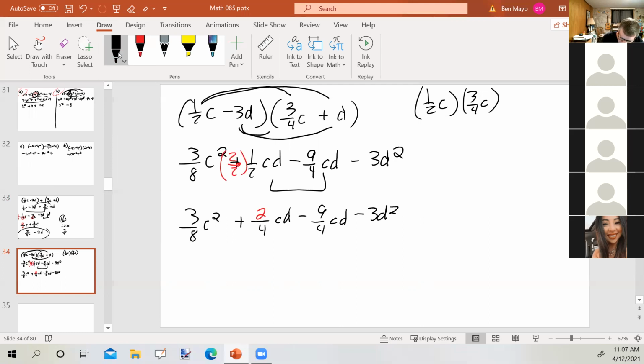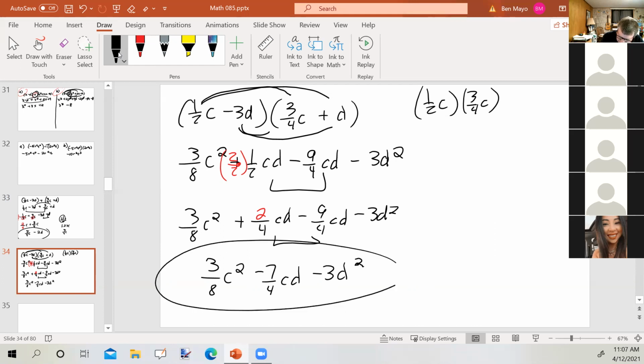Okay. Combining like terms, 3/8 c squared minus 7/4 cd minus 3d squared. So again, pay close attention to the operations.